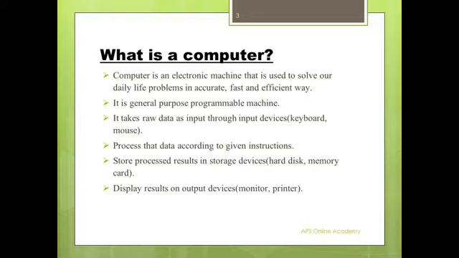Obviously, after giving input to the computer and after processing of that input data, you need result on some device. So computer gives you result on output devices like monitor and printer. Through monitor we get display result, in short form, and by using printer we can have results in hard form.